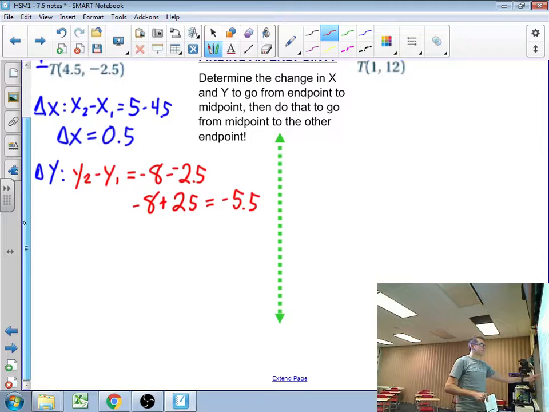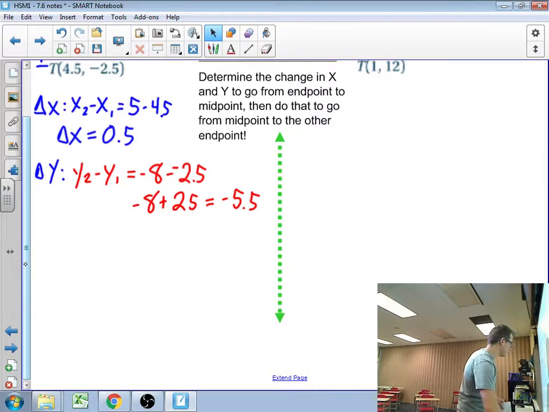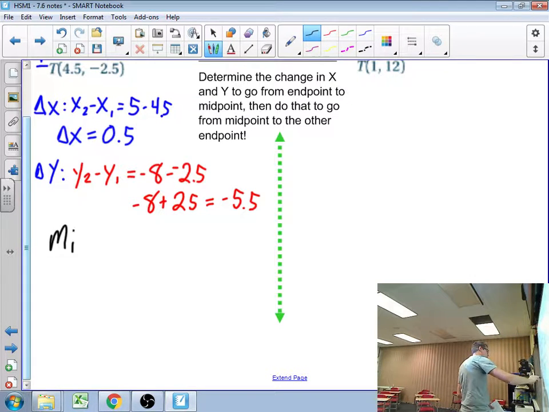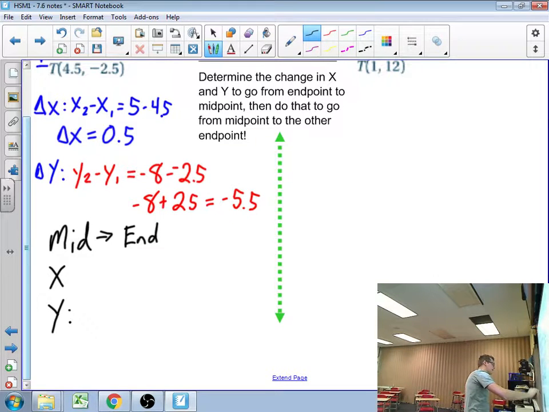So now, to go from my midpoint to my endpoint, I'm going to take the x that I have and the y that I have and apply the delta, the change.